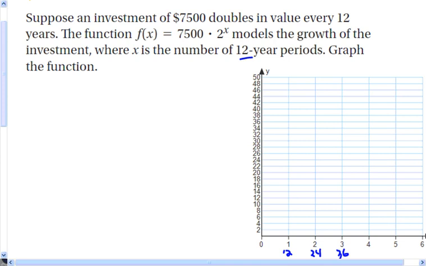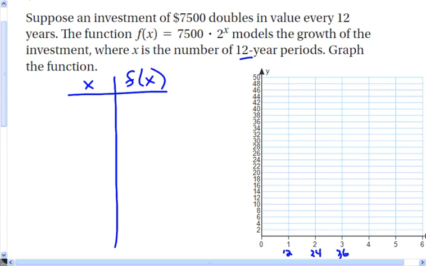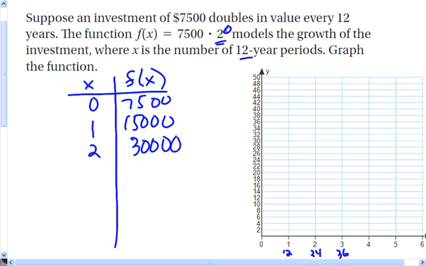We're going to make a table of values here again, x and f of x. If we put 0 in here for x, so do 2 to the 0, we're going to get 7,500. If we put 1 in, we're going to get 15,000. 2, we're going to get 30,000. And notice it's doubling, which makes sense because we're multiplying by 2.